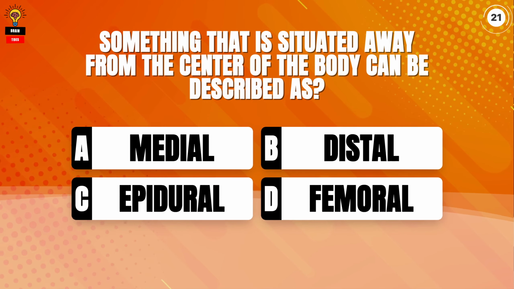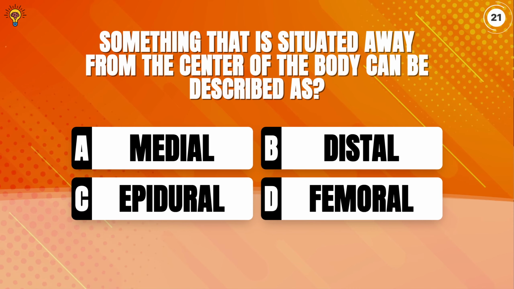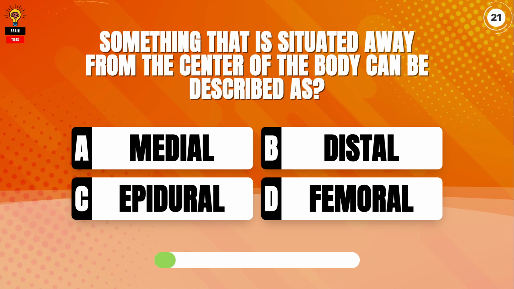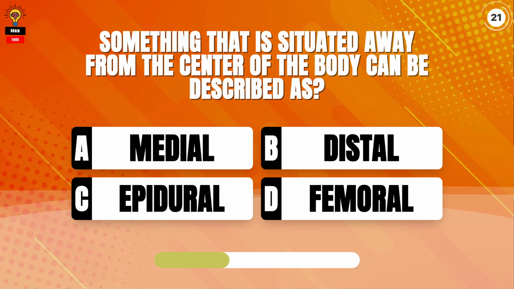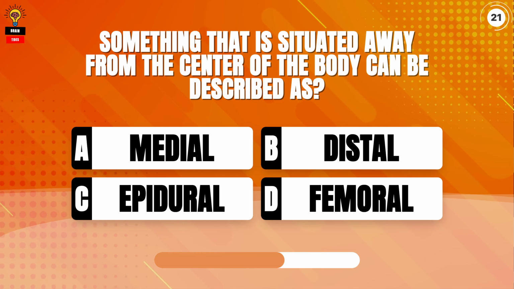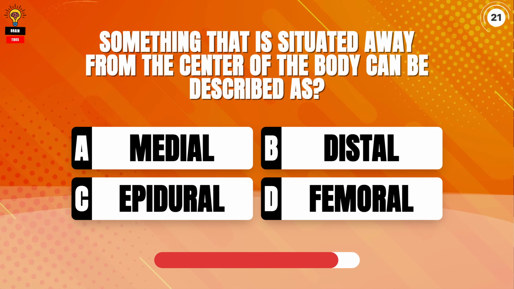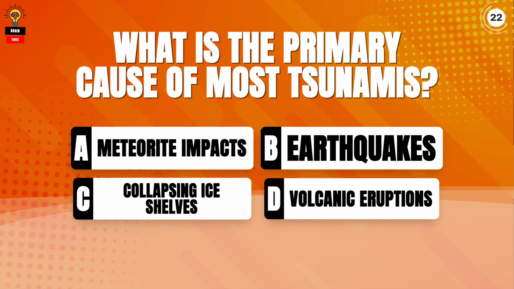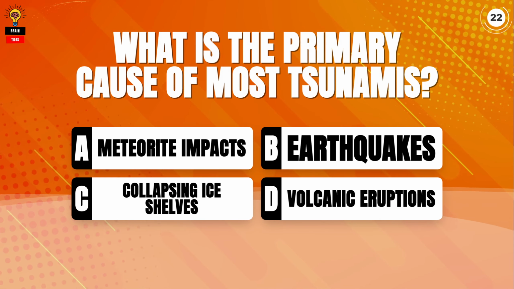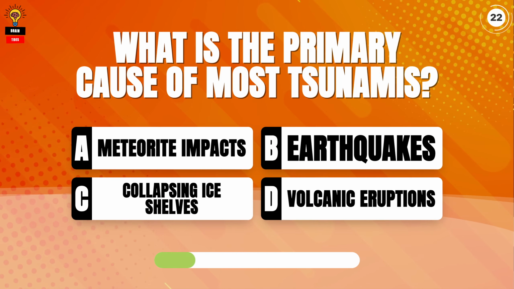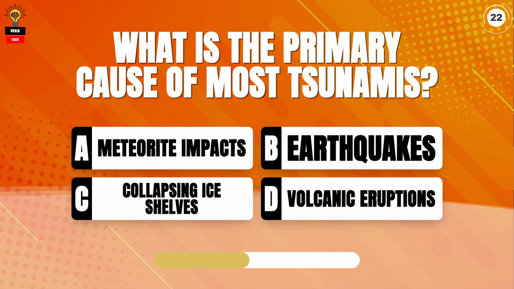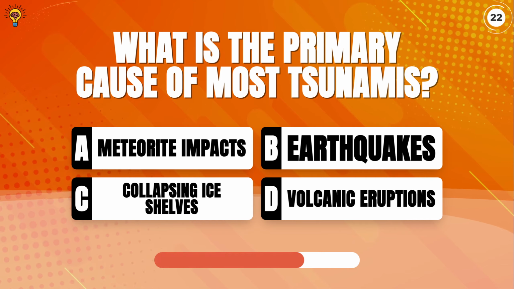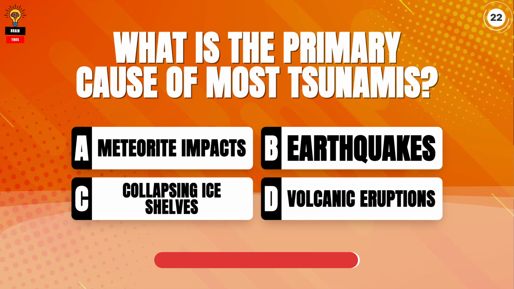Something that is situated away from the center of the body can be described as distal. What is the primary cause of most tsunamis? Earthquakes.